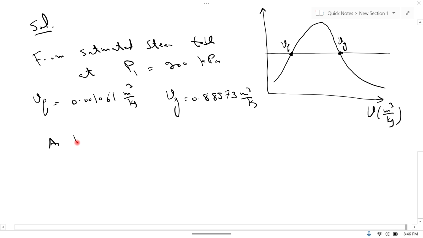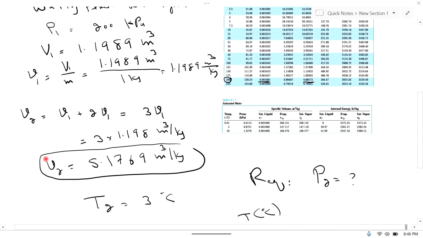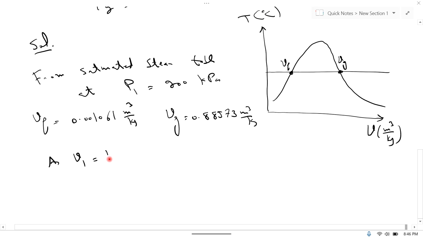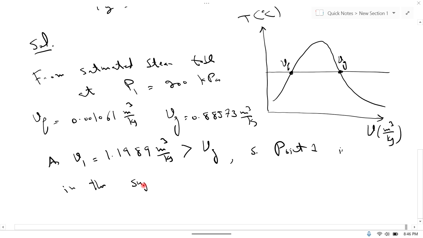As V1, which is given to us as 1.1989 meter cube per kg, is greater than Vg, more than this value, this is in the superheated region. So point 1 is in the superheated region.